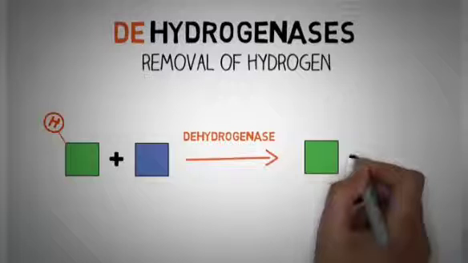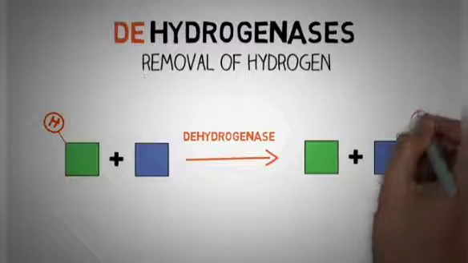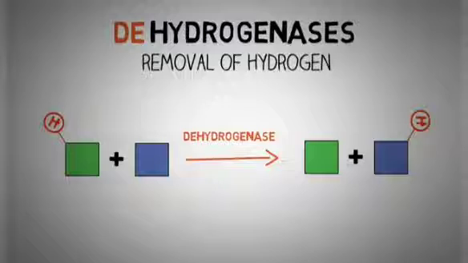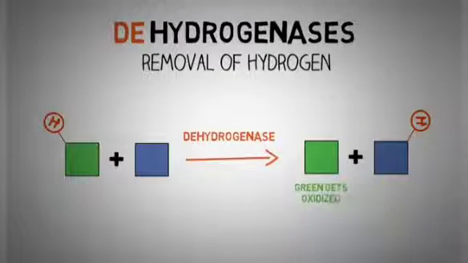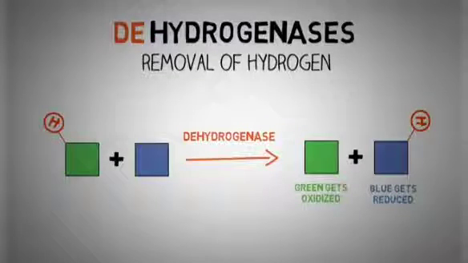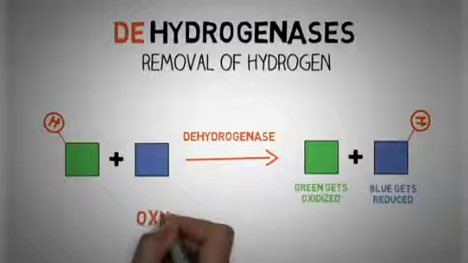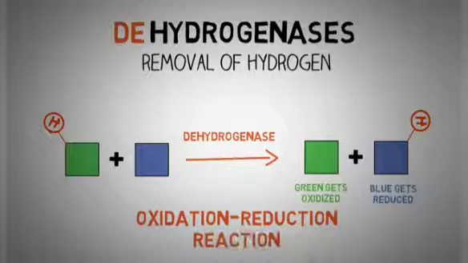The other molecule that receives the hydrogen gets reduced in return. So this is the basic mechanism of action of dehydrogenases. They remove a hydrogen group from one molecule, oxidizing it, and in turn attach that hydrogen group to some other molecule, leading to its reduction. This is why the reactions carried out by dehydrogenases are known as oxidation reduction reactions.